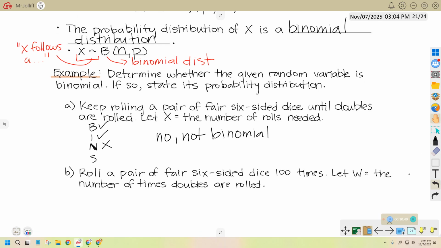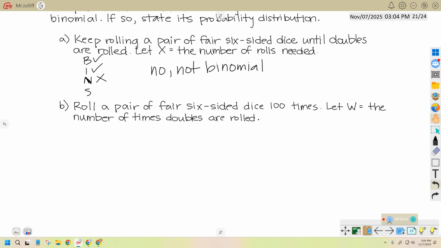All right, next one. Chance at redemption here. Roll a pair of fair six-sided dice 100 times. Let W equal the number of times doubles are rolled. Give you another 60 seconds. Binomial or not, why or why not? And we'll try again. What are your two possible outcomes? I'm rolling my dice.